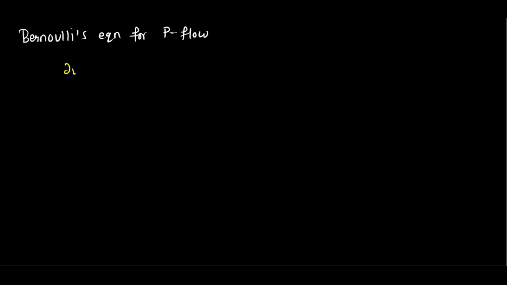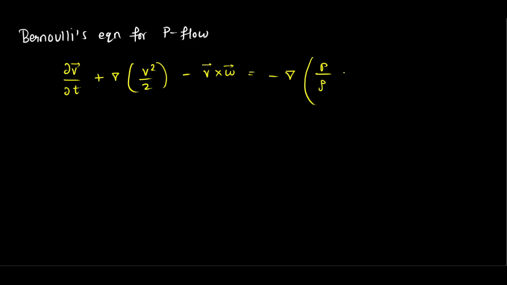Okay, so here we have del v by del t plus gradient of v squared by 2 minus v cross omega. So I'm writing it in terms of vorticity as well. Minus gradient of pressure by rho plus gy. Alright, so this is what I have, and then I can simply substitute the velocity to be the gradient of the potential function over here.